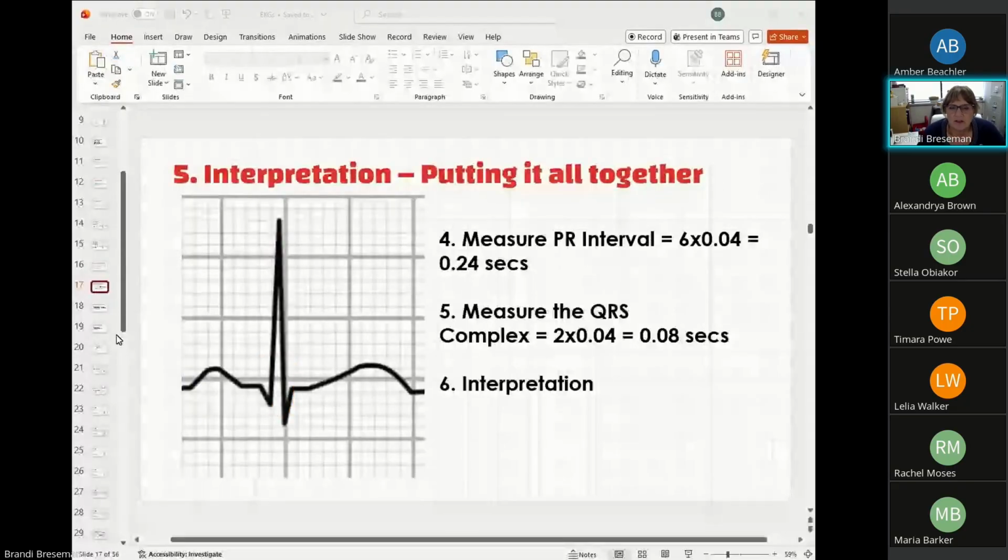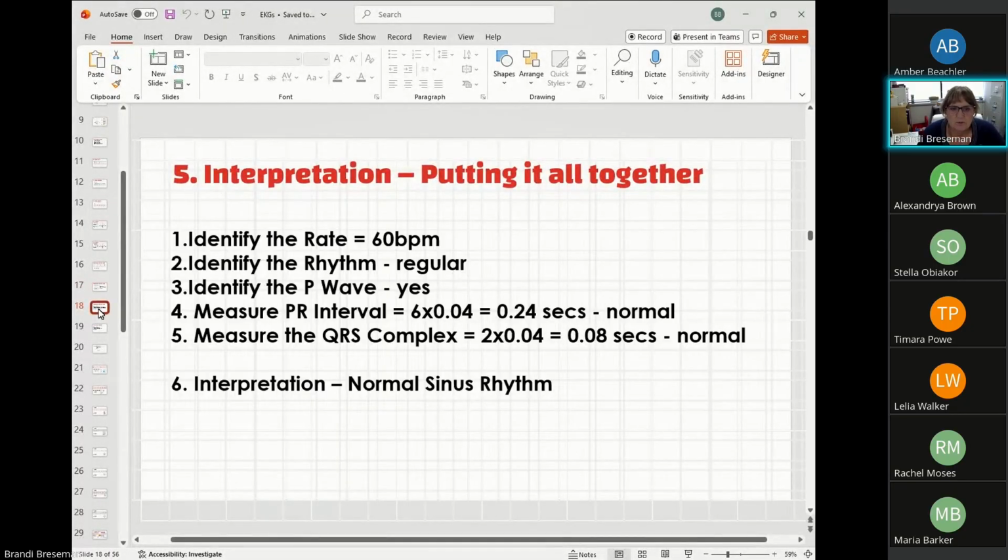We have a rate of 60, a regular rhythm, and a P wave that's upright in front of every QRS. We have a PR interval of 0.24 seconds, and a QRS complex of 0.08 seconds. Because everything is normal, it is called normal sinus rhythm.